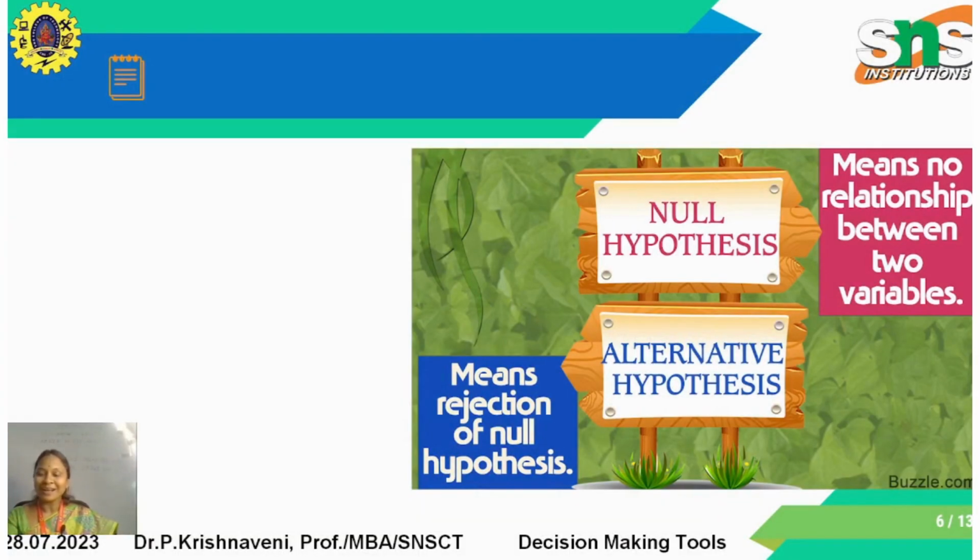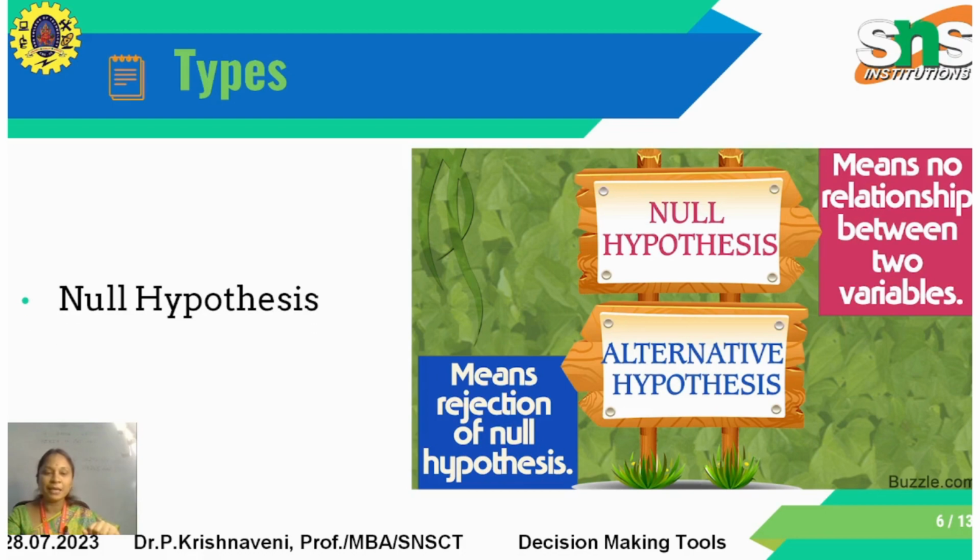The next thing we are going to see is the null and alternate hypothesis. The null hypothesis, as I said, is a negative statement, meaning there is no relationship between two variables. Obviously, the alternate would be the rejection of the null hypothesis, or there is a relationship between two variables.